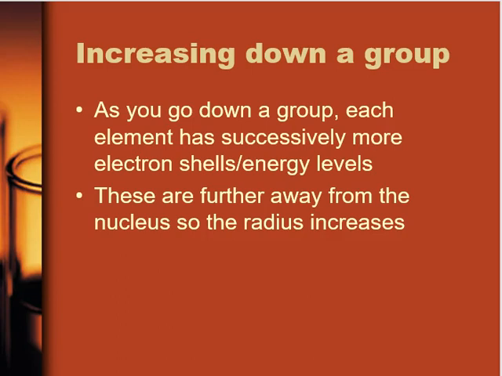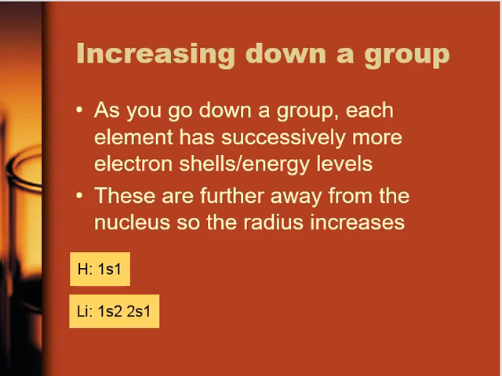our first element is hydrogen, and its electron configuration is 1s1. If we then jump down to the next one, below hydrogen we have lithium, and its electron configuration is 1s2, 2s1.